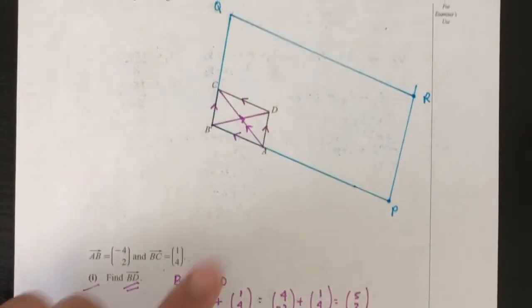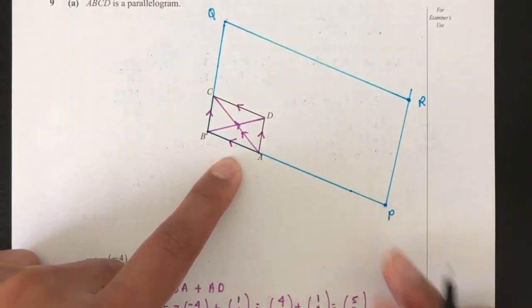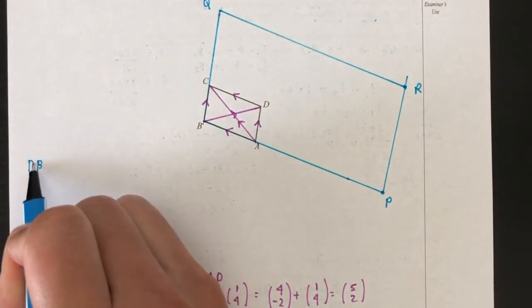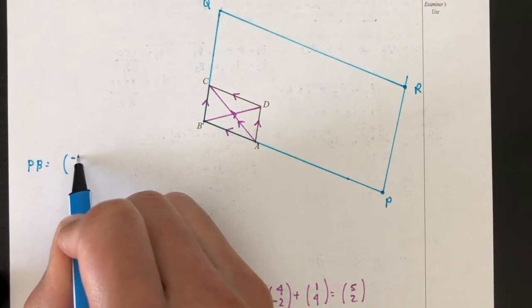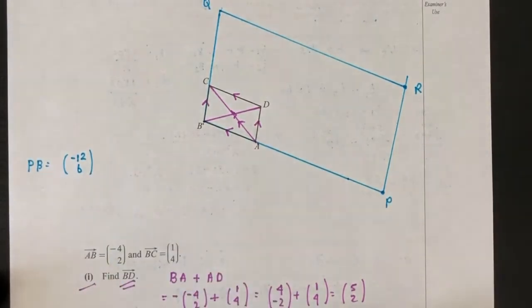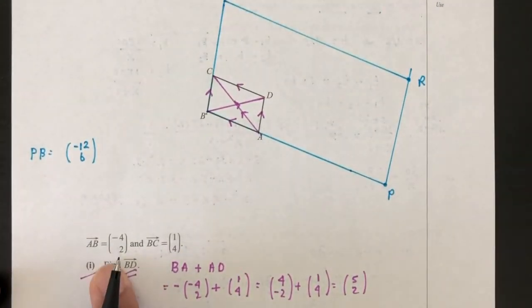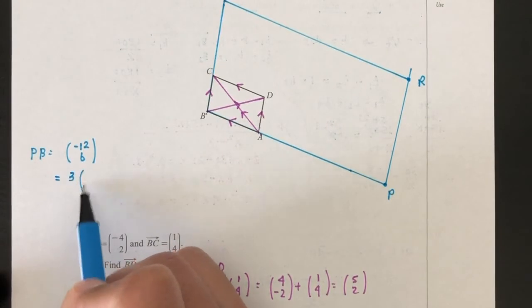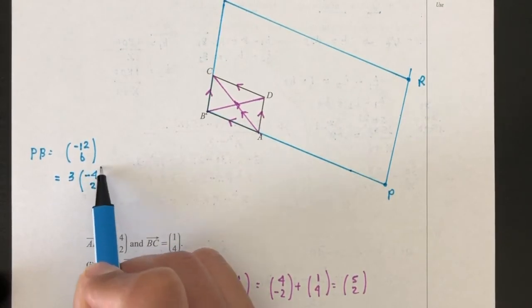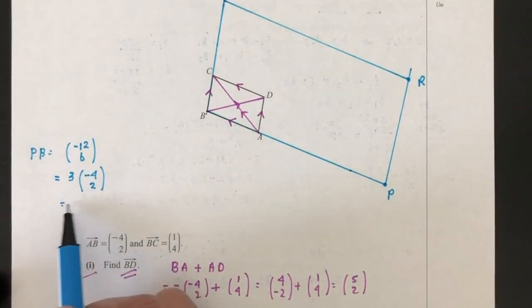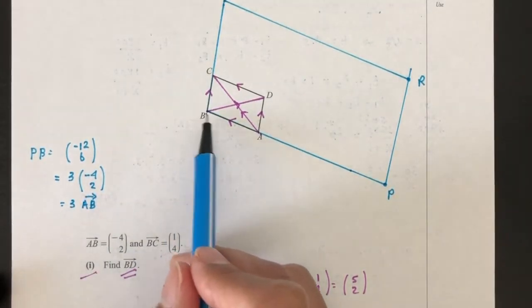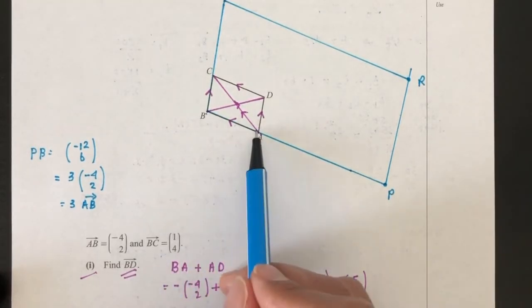Why do I know that it is in the same direction? Because if you look at the value of PB, PB is given by minus 12 and 6. Now look at the value of AB. AB is minus 4, 2, but you can write this as 3 times minus 4, 2. This is AB, so 3 times AB, which means it is in the same direction as AB but 3 times the length.